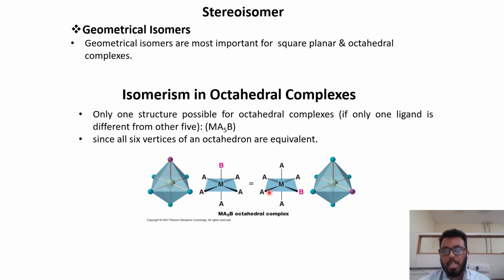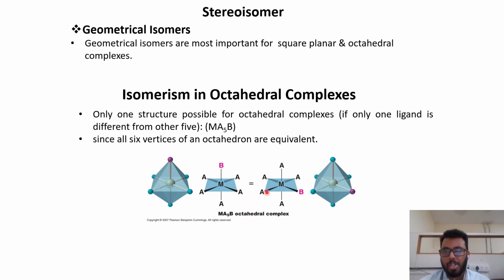So here the bonds are written by dark wedge shaped bonds and dotted lines. In stereochemistry, you should remember these dark shaded wedge shaped bonds represent the atoms or ligands facing towards the viewer, and a dotted line means they are positioned away from the viewer.